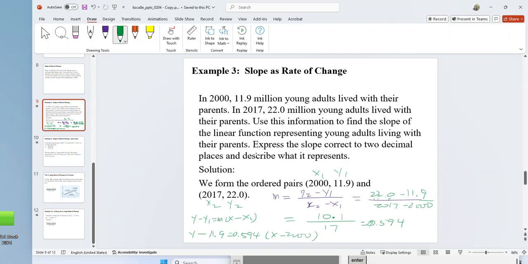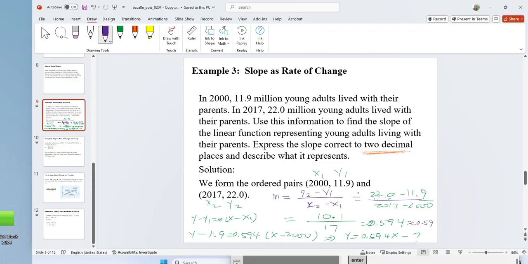And then we just multiply it in and write down y = 0.594x, and then multiply this one in with the 11.9, so you can calculate this, and that is the model here. But the question asks to correct the slope to 2 decimal places. So we have to read the description carefully, as we said earlier. Two decimal places, this will round to 0.59.